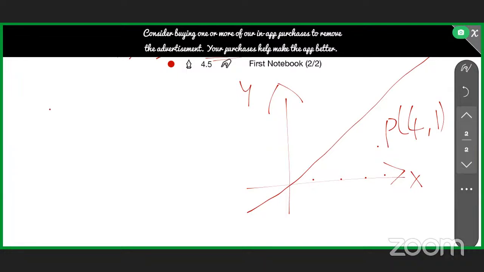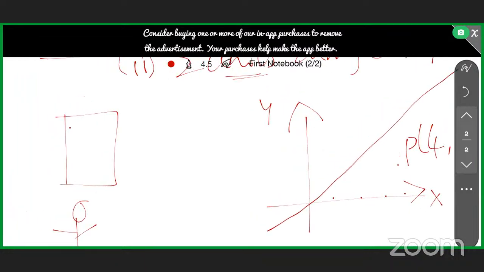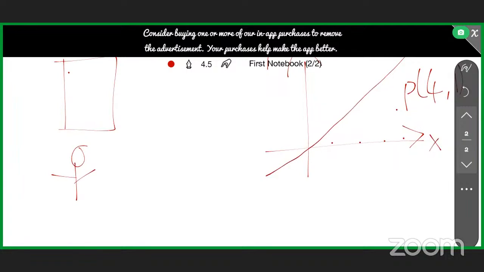Let us say you are standing in front of a mirror. Your reflection is seen in the mirror, yes or no? You comb your hair on the right hand side. Your mirror will show it on which side?